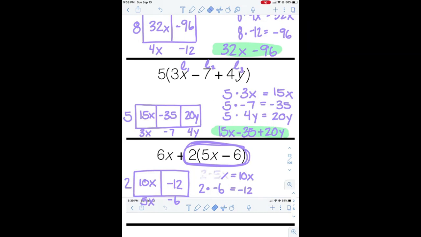So give me just a second. When I rewrite my expression, I've got 6x, not 60, 6x plus 10x minus 12. And now I have to actually combine my like terms, which I'm going to do, to get 16x minus 12.